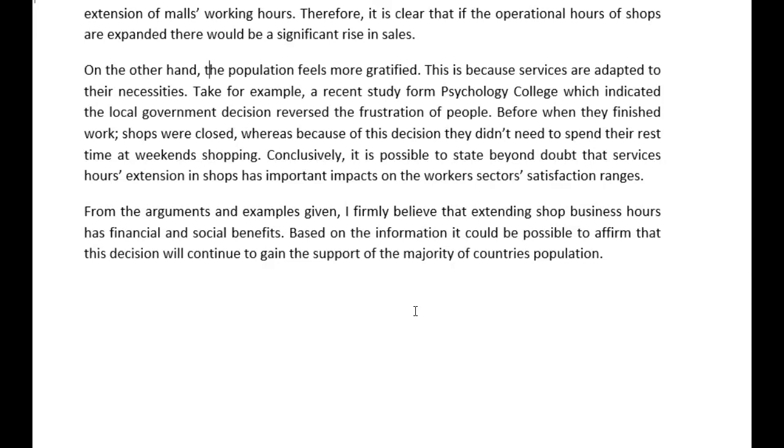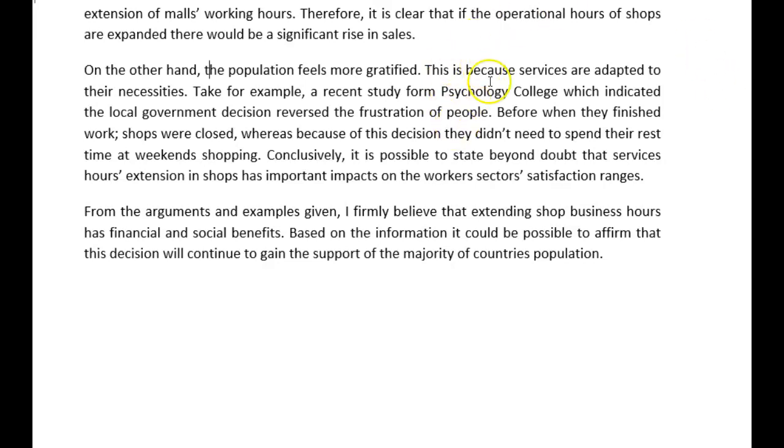So, on the other hand, let's say, shopping establishments work 24/7, the population would feel more gratified. This is because people would feel that services become adapted or would be adapted to their personal necessities.